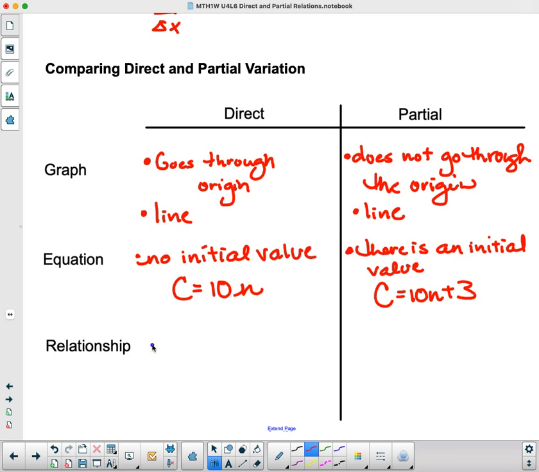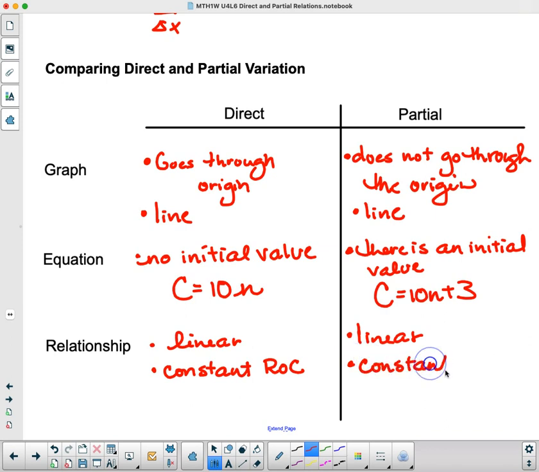And the relationship for both of them is linear. Linear. Has a constant rate of change. Constant ROC.